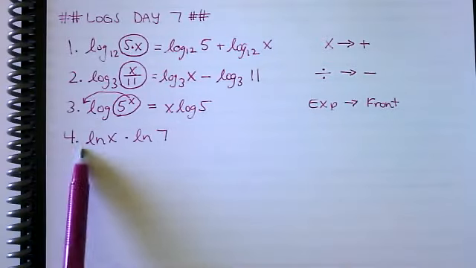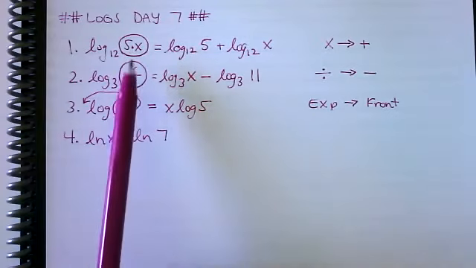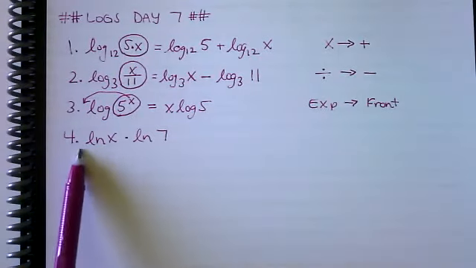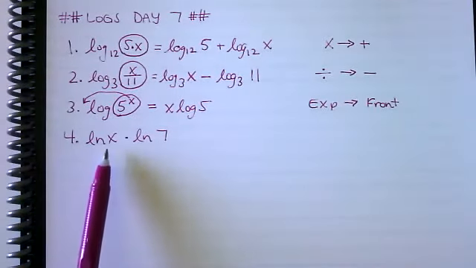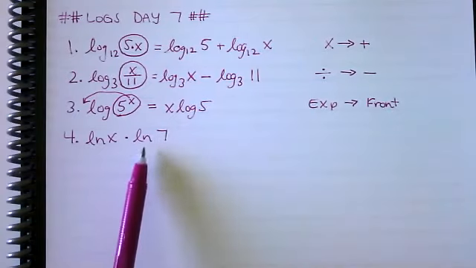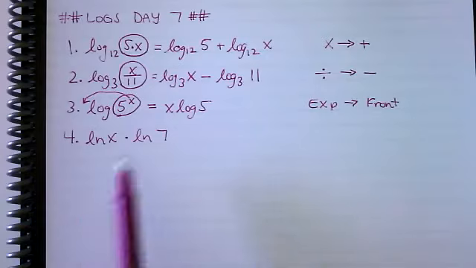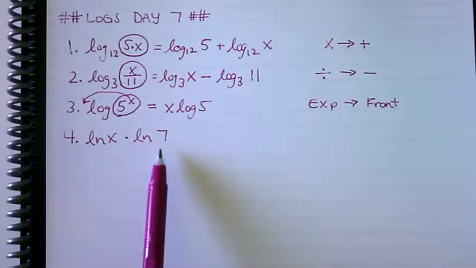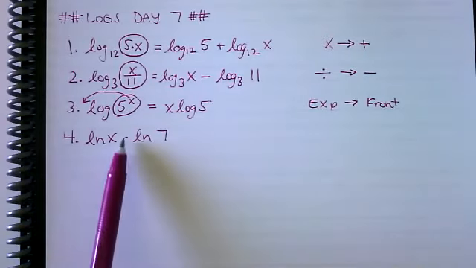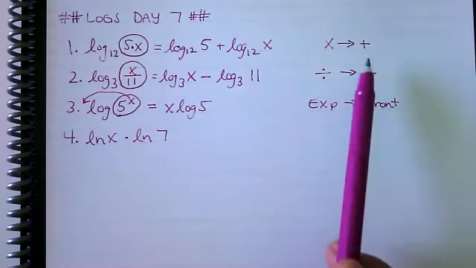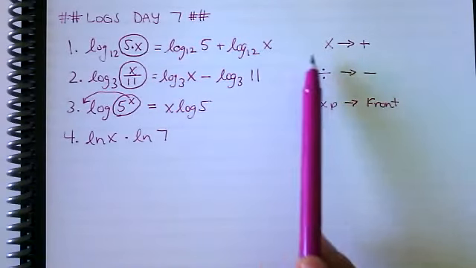For the natural log of x, I can't use any of these 3 rules, so I can't expand it. Now let's look at the natural log of 7. I can't do product, quotient, or power rule, so I can't expand that either. Just because you see multiplication here and I'm trying to expand does not mean that it's changing to addition.